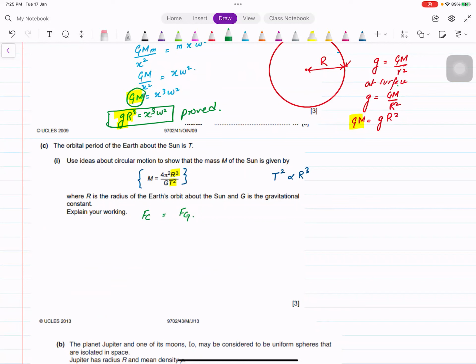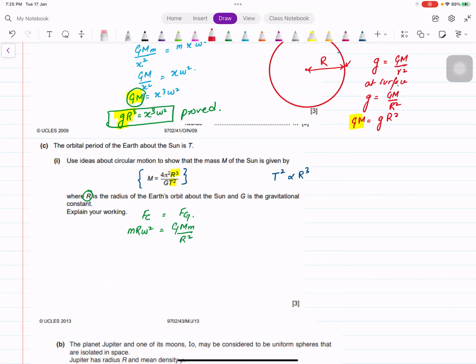Again, centripetal force is m r omega squared, and the gravitational force, because it's saying that r is the radius of Earth's orbit around the sun, we're going to just change this r to capital R because they've used this symbol. Then this will be GM over R squared.